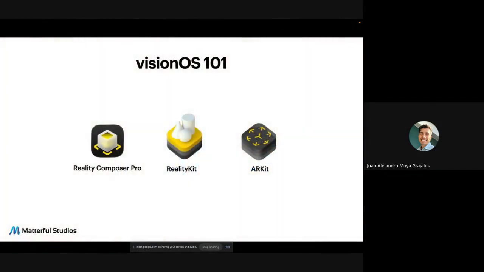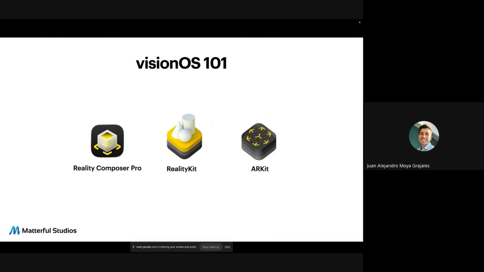So, just to level up the ground for everybody on the audience, let's go to the basics on Vision OS. So we have Reality Composer Pro, which is the software to put together the scene and the 3D assets.